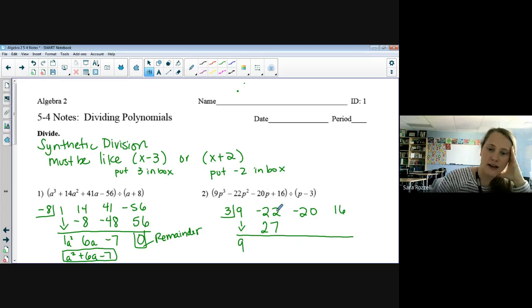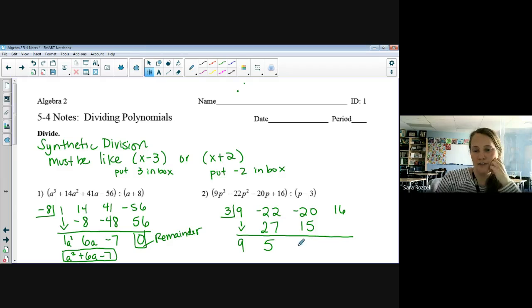Okay. The negative 22 plus 27 is what? 5, good. And then we repeat the process. 5 times 3 is 15. 15 plus negative 20 is what kind of 5?